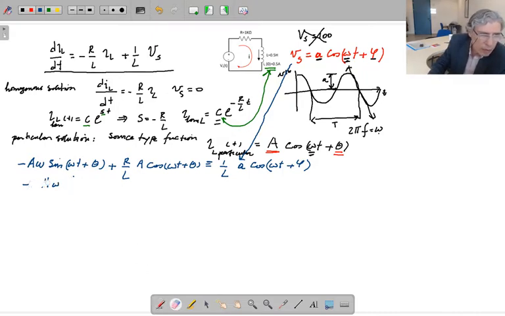Write it differently. If I multiply all these terms with the same L, L is going to be a coefficient here.